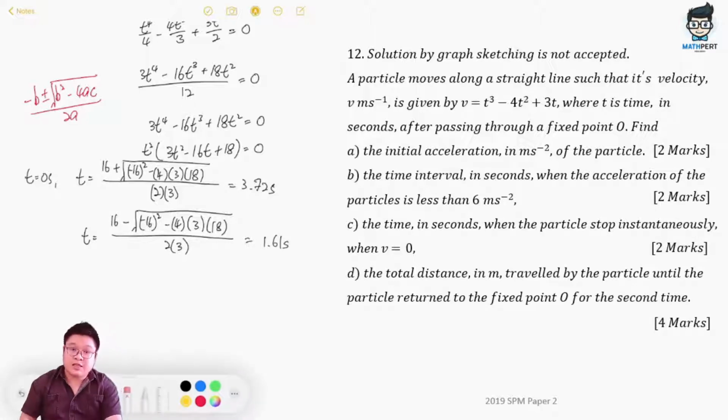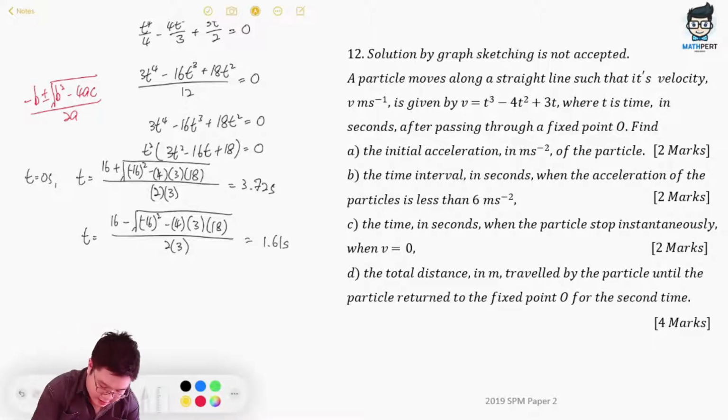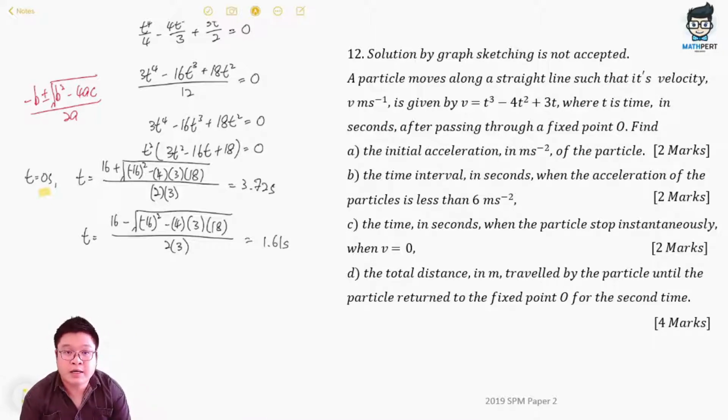From this, it means that at t equals 0, the particle is at the origin, meaning the starting point.